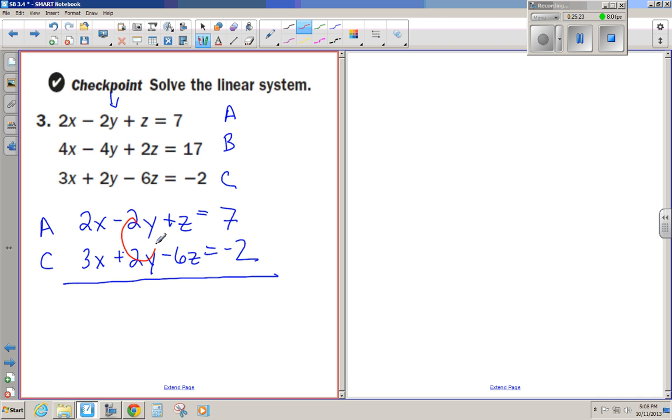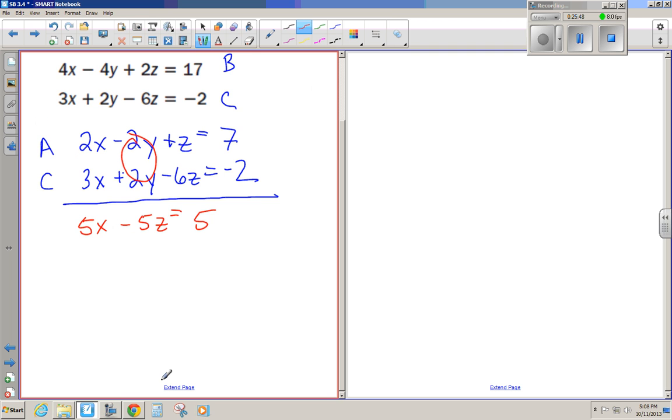Those cancel, and you have 5x minus 5z equals 5. That's interesting. Now, we have to choose either AB or BC. And I want to point out here, the sign for BC is already opposites.